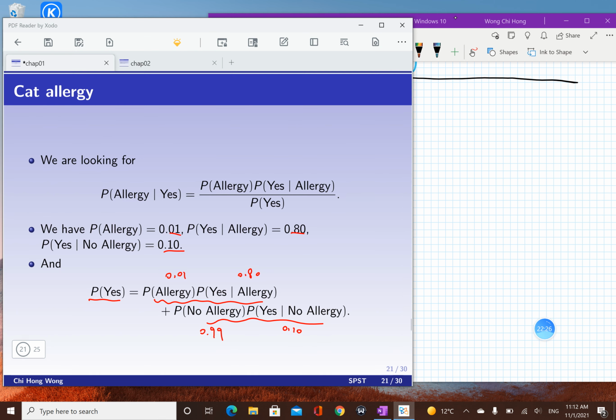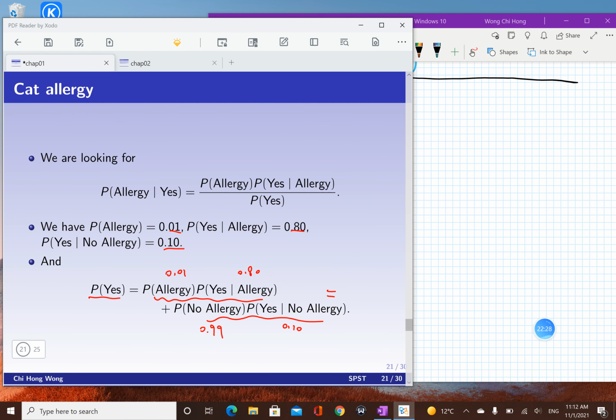So this probability of having a positive result is simply what? What's that equal to? 0.008 plus 0.099 equals 0.107, something like this.